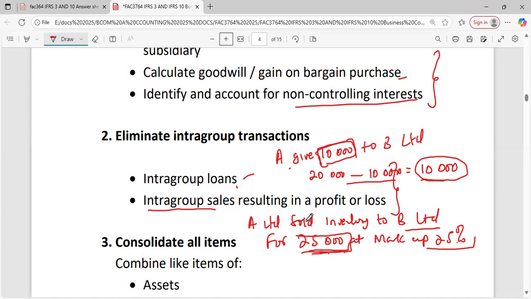You remove the profit, which means the profit goes down, and if the profit goes down, then the tax must also go down. So you need to take into account the tax implication. This is very important, especially now at third level.